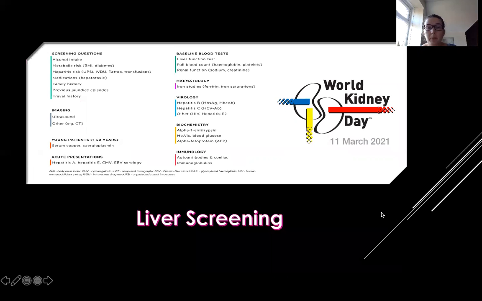Liver screening can be non-invasive or invasive such as liver biopsy, which I'm going to talk about in the next slide. This table shows non-invasive screening options. A non-invasive liver screen refers to screening questions, biochemical tests, and imaging to assess patients with suspected liver disease.